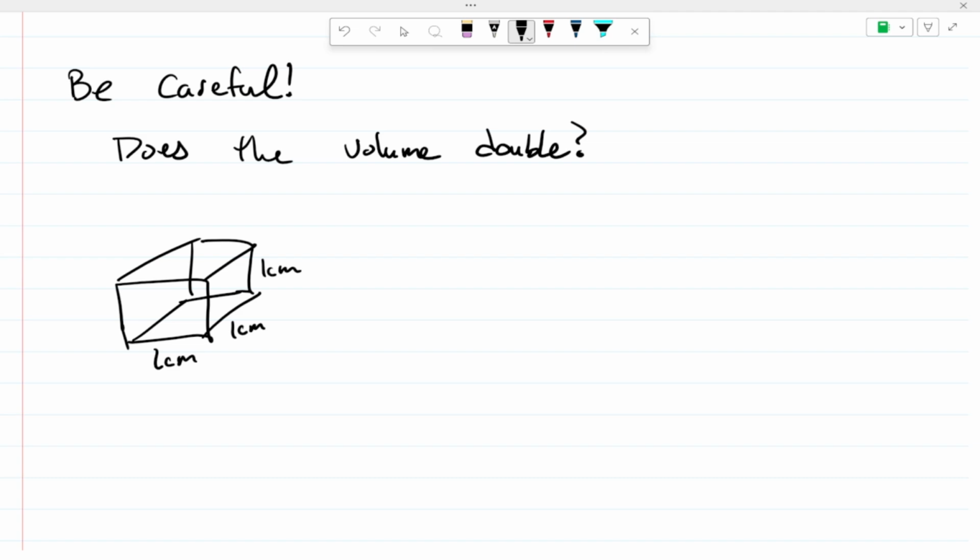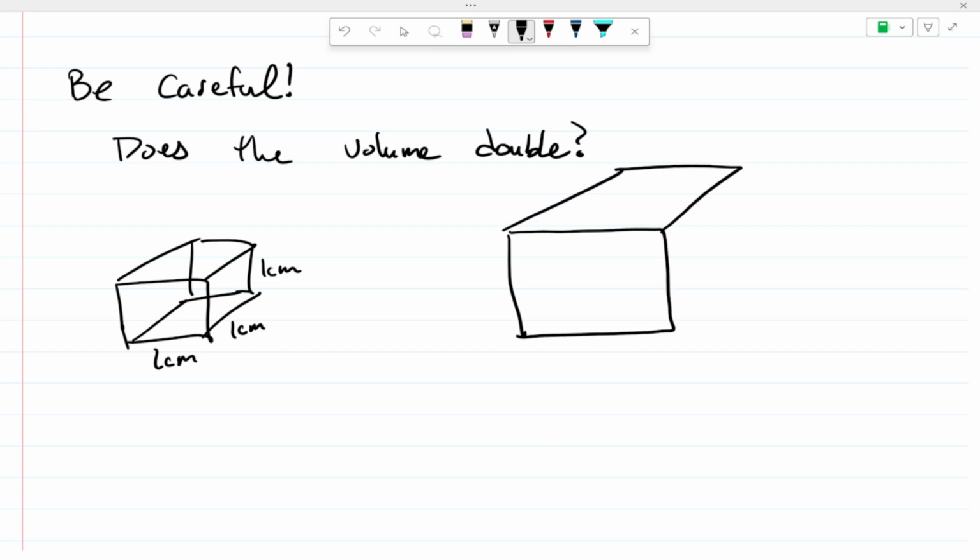Now, if we were to double the size of this cube, that means the length, the width, and the height would all be times 2. So now we have this shape here. So it looks very similar to what we're used to, okay? But what happens to the volume?